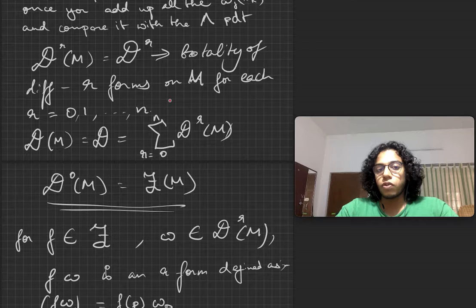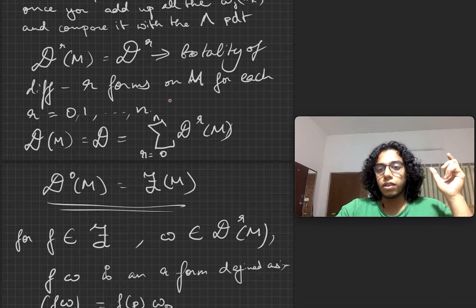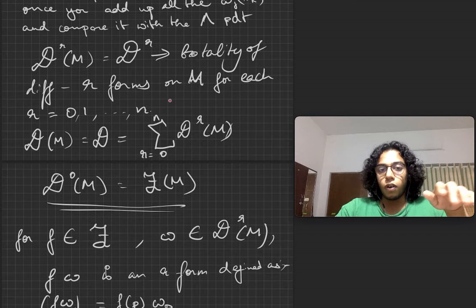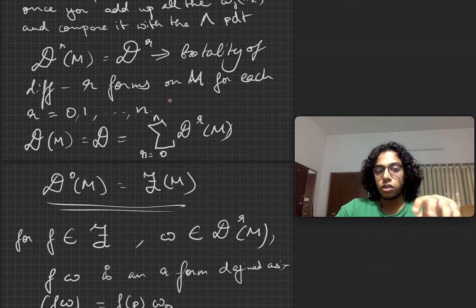So you have the summation from r equals 0 to n of D^r(M), where D^0 is the space of functions. This is surprising, right? You are including the functions, or the kind of mappings, into the space of the differential itself, or into the space of the forms itself.